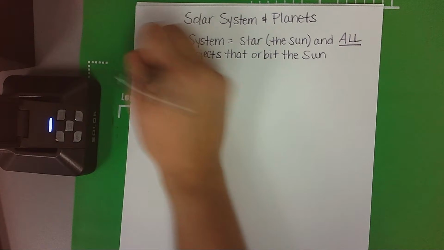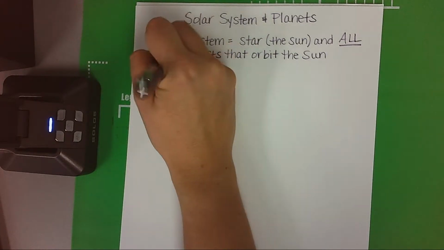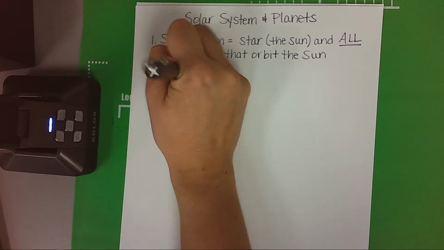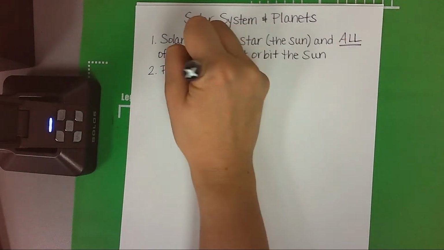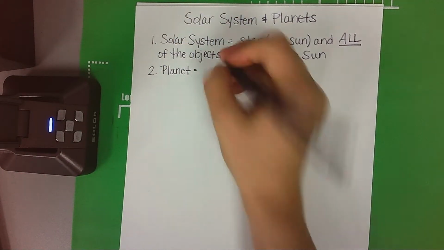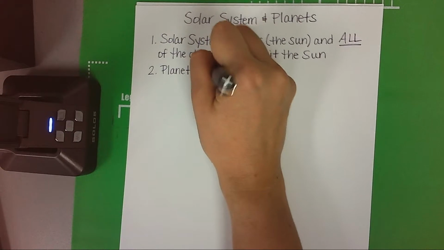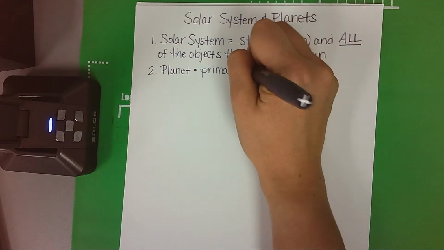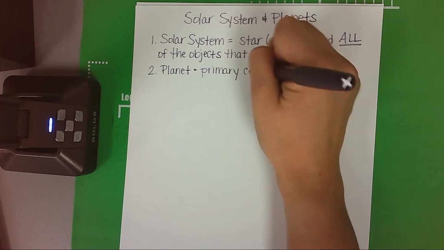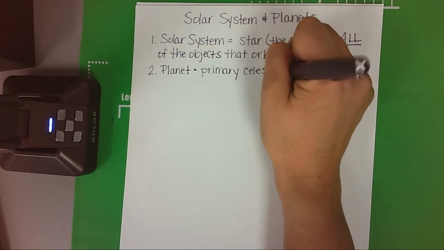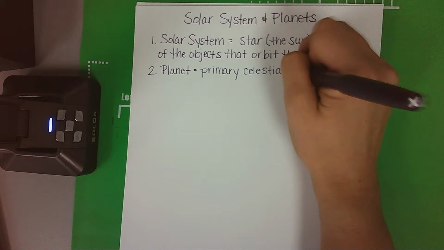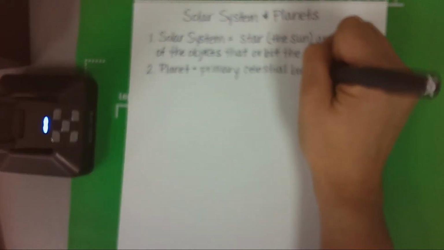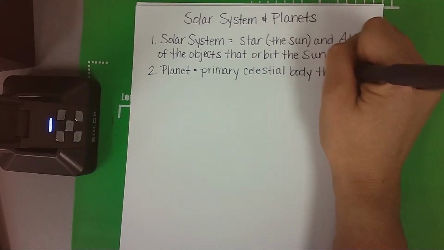So the next thing is, because planets are in the solar system, let's look at the definition of a planet. A planet would be larger than an asteroid most of the time, and it is a primary celestial body, meaning anything that's in space, that orbits the Sun.